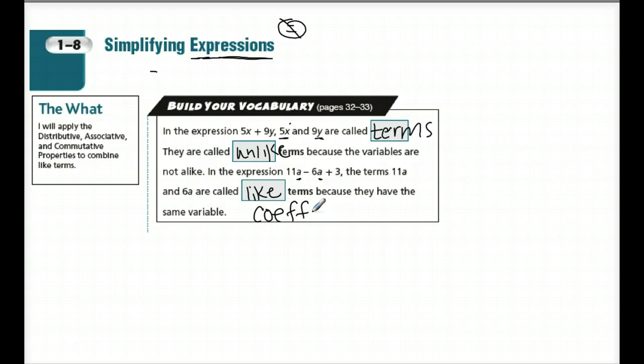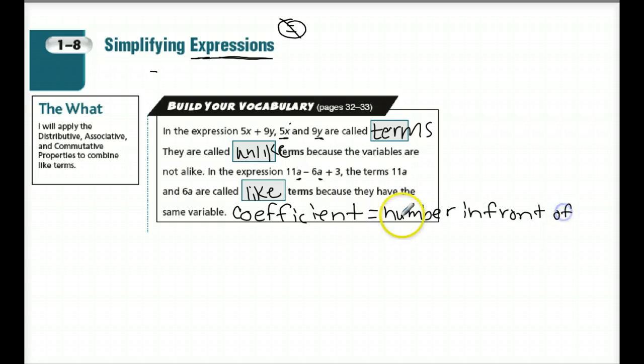Coefficient. Now, what do I mean by coefficient? Coefficient is the number in front of the variable. So we're going to write that. Number in front of the variable.